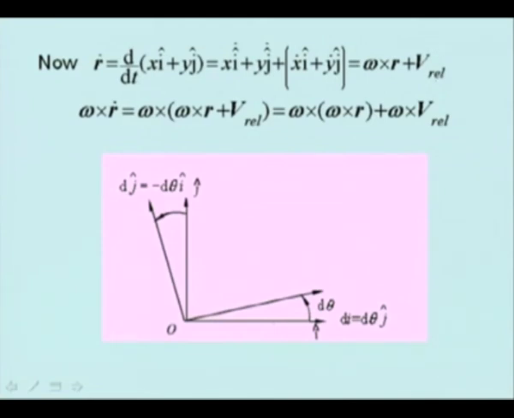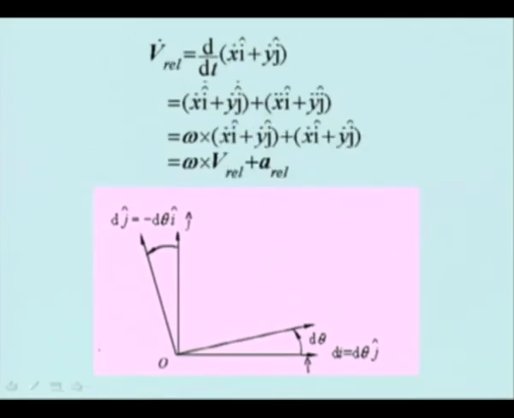This relation we have derived. Therefore, omega cross r dot can be written as omega cross (omega cross r plus V_rel), which is equal to omega cross (omega cross r) plus omega cross V_rel.